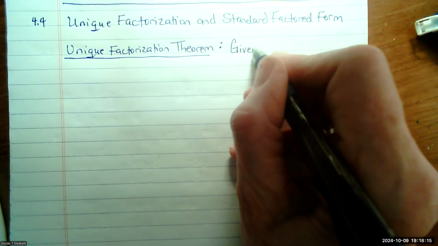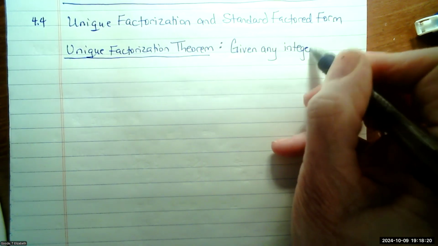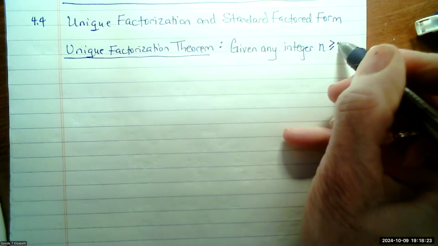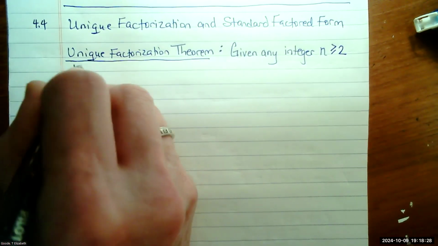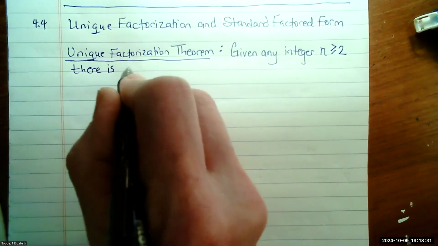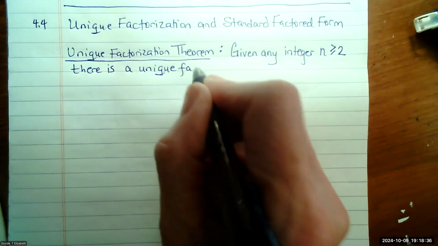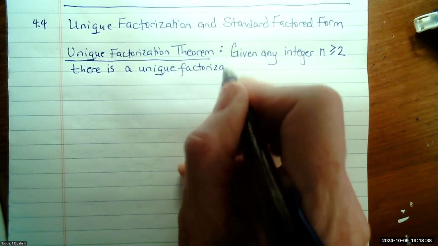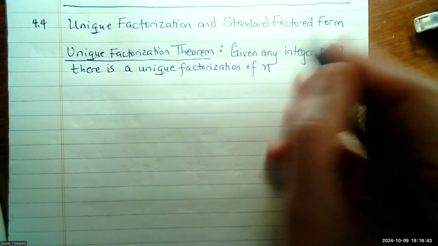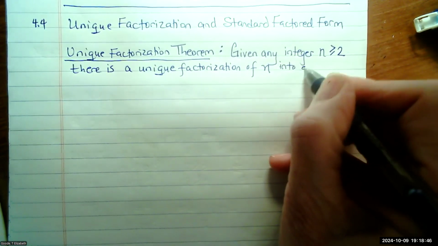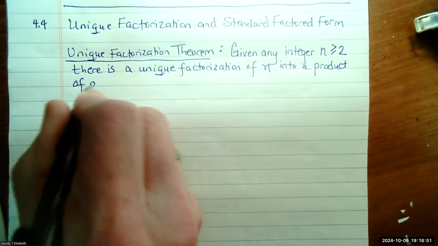Given any integer n greater than or equal to 2, there is a unique factorization of n into a product of powers of primes.